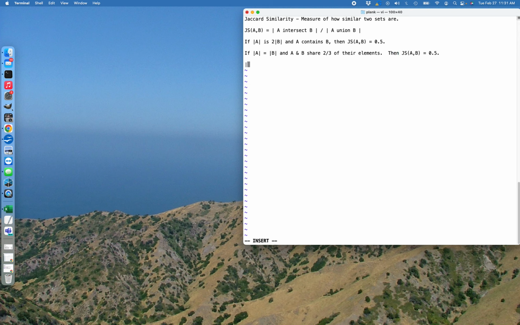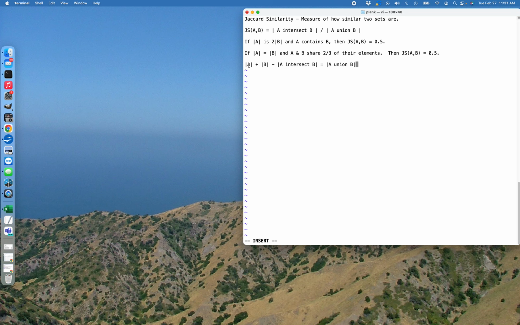So A plus B minus A intersect B equals A union B, because if I take the size of each set and add them up, it double counts the intersection.